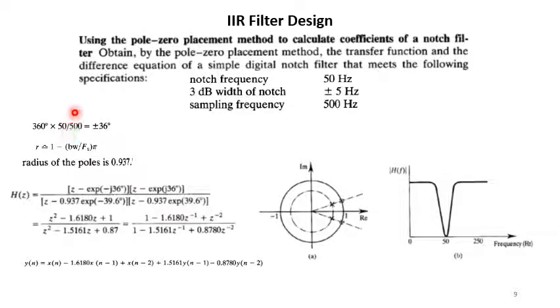So because this one gives us 36 degrees, it is not real. When it is not real, it has to be a complex conjugate pair. Okay, so that means we should have two zeros at plus 36 degrees and minus 36 degrees.